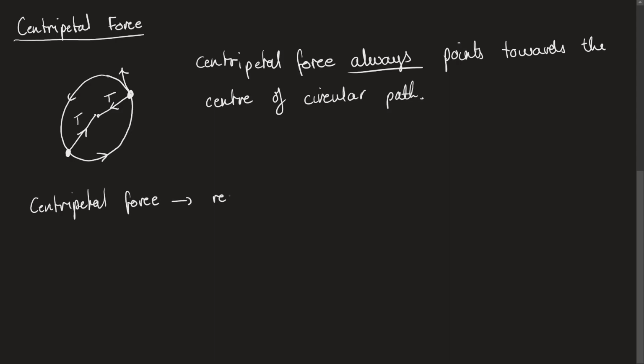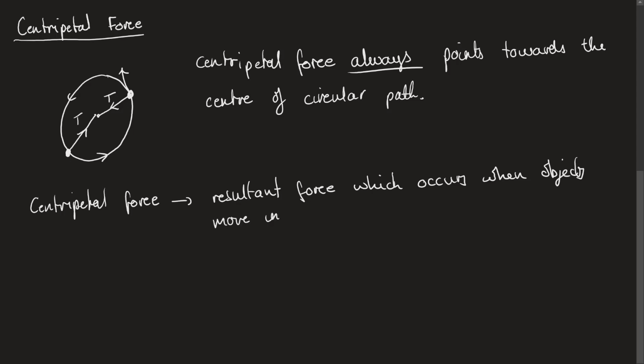This is the resultant force which occurs when objects move in circular paths. So it's the summation of all the forces that are acting on this object that contribute to the centripetal force. And we find that for anything moving in a circle, the force has to always go towards the center of the circle.